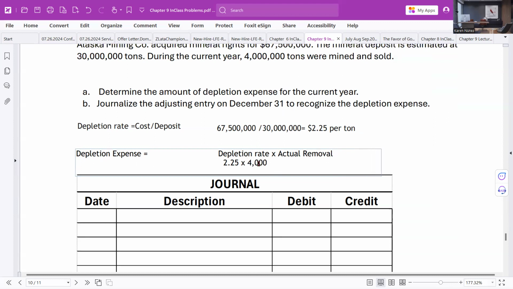So the depletion is $9 million, which means on December 31st, we're going to be recognizing depletion expense of $9 million.